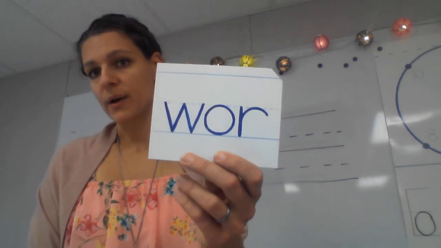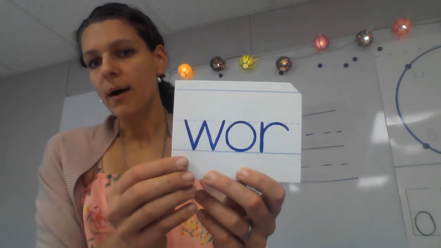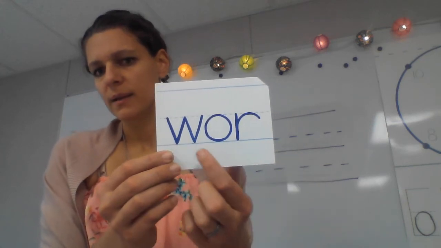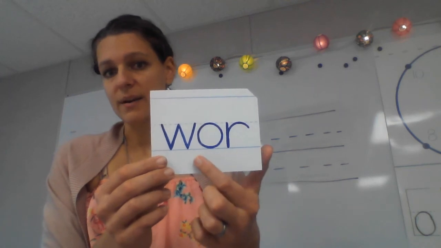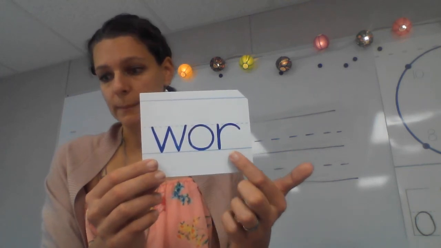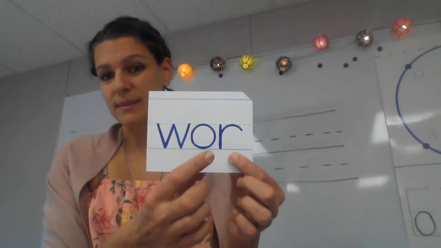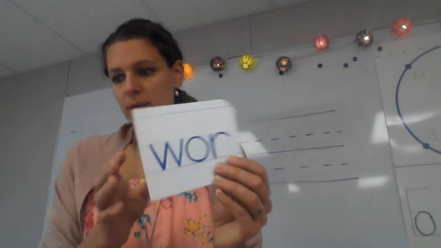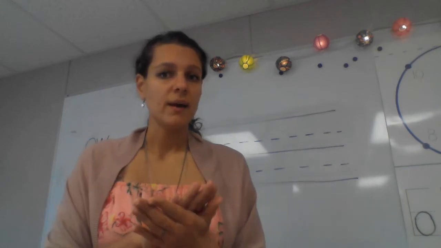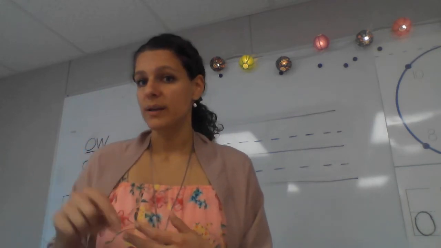This is the of worms. Are all 3 letters underlined? You're right, it's just these last 2 because they're the one that says this. Good. So if you didn't have it, I want you to write it 3 times, saying it while you write it.